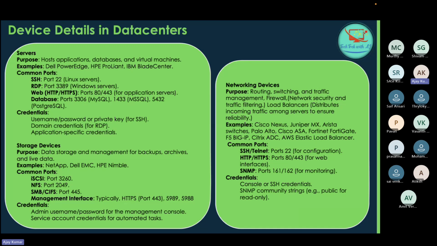AWS. So these are the flavors of the network devices, right? The common port we use here, port 22, is used for configuration, right? So we can also discover those network devices using port 22 if the customer is able to provide us the access. But if not, then we have to go with the SNMP credentials or SNMP ports, right? Then HTTP and HTTPS, ports 80 and 443, for web interfaces, because the devices used by the organizations can be accessed on the web itself, right?